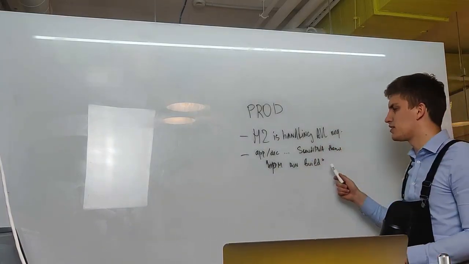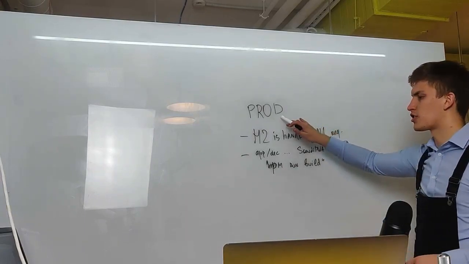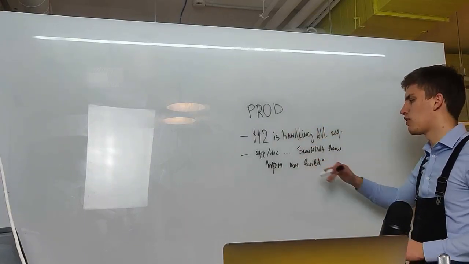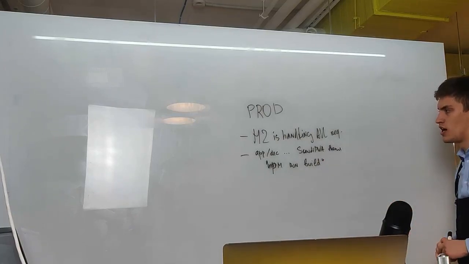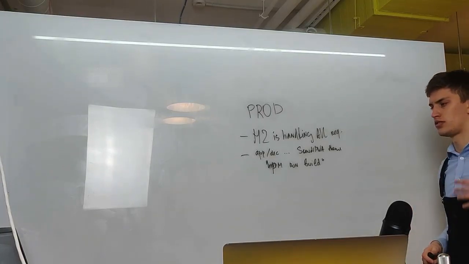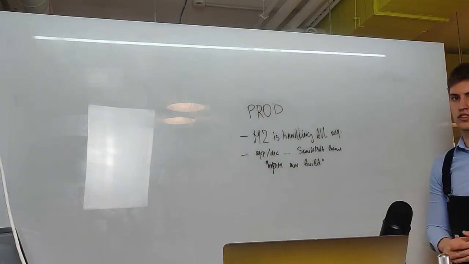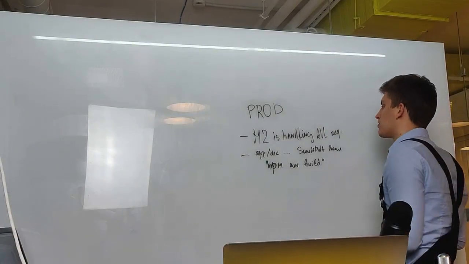So this means that any change in production will require a full recompilation. Any change in development mode will automatically be compiled and sent to the frontend and immediately rendered, hot reloaded. That's a big difference to remember.